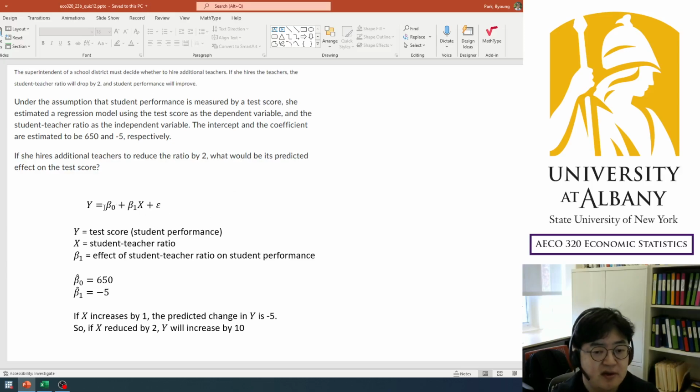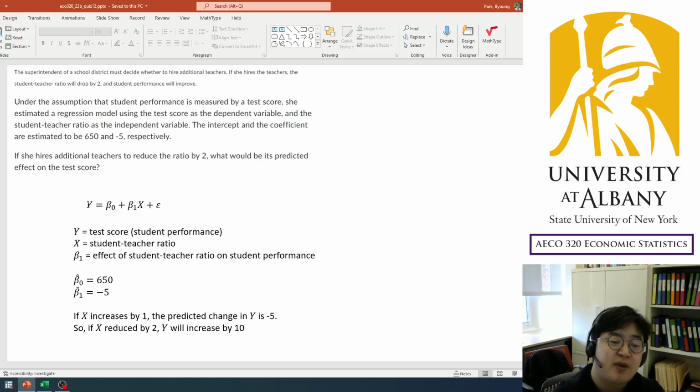Again, the linear regression model. Y is test score or student performance measure, and X is student-teacher ratio, right? If X increases, that means, so by the way, the student-teacher ratio means how many students a teacher has to handle, right? So the smaller the better. So when student-teacher ratio increases, that means a teacher has to handle more students.